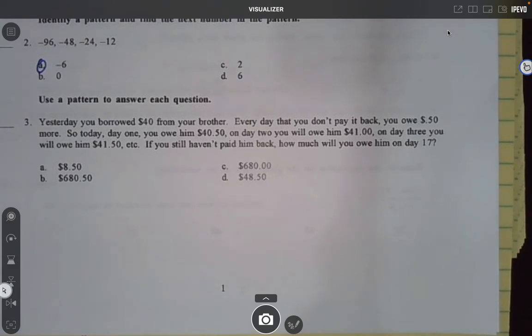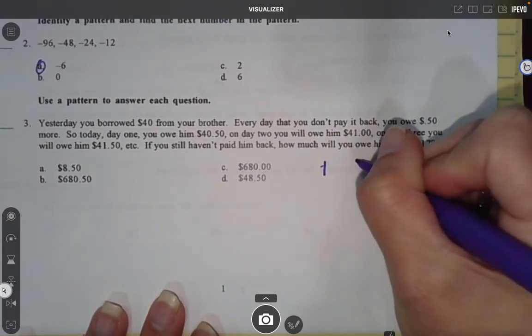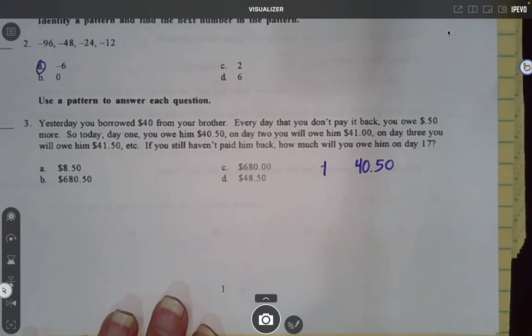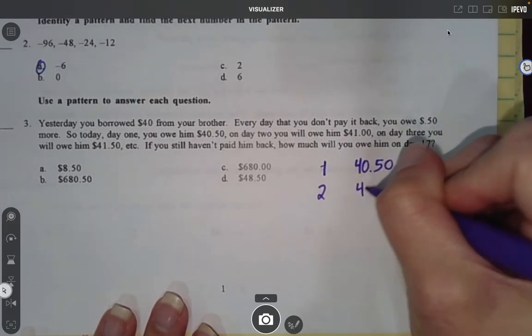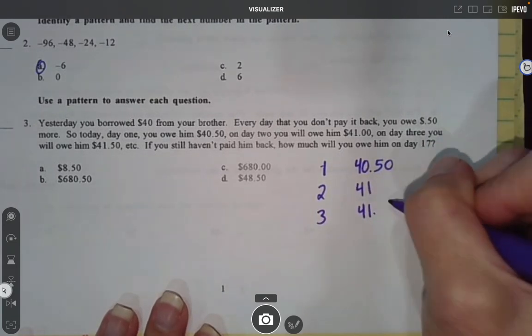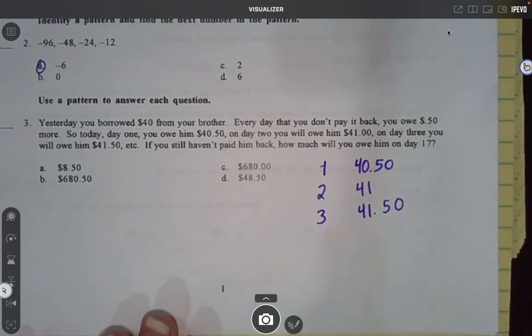Every day that you don't pay it back, you owe another 50 cents. So on day 1, you owe him $40.50. On day 2, you owe him $41. On day 3, we just keep adding 50 cents, right? How much will you owe him on day 17?